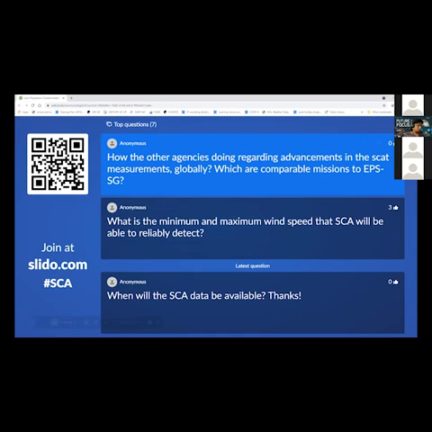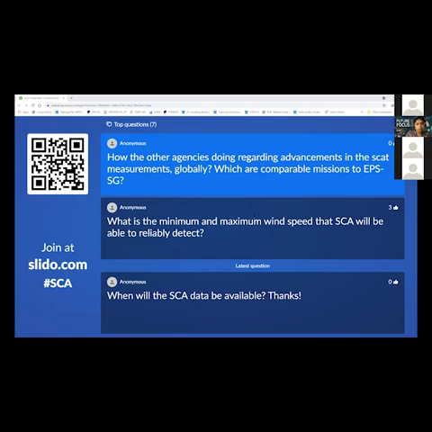So things are moving and will get very interesting in the near future. Also, a number of the Chinese missions have inclined and drifting orbits, so we will see a lot of interesting developments in this regard.